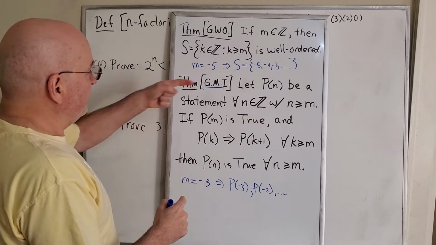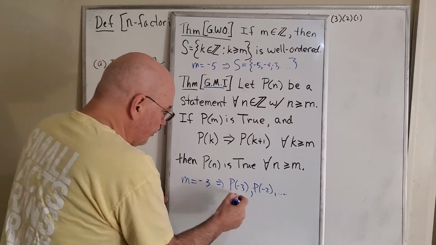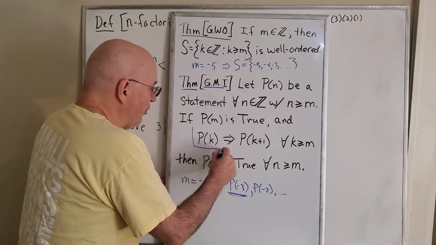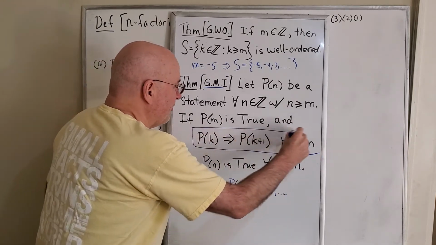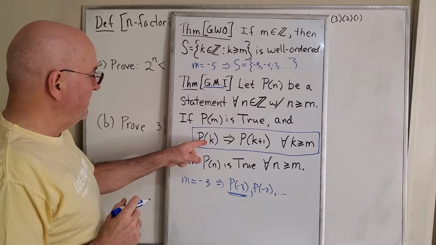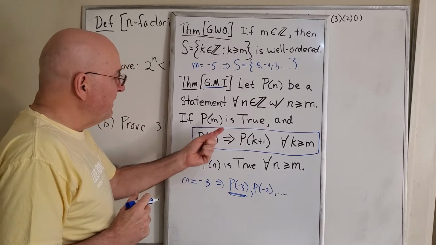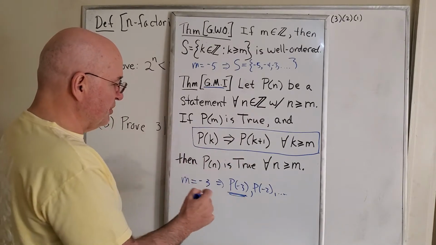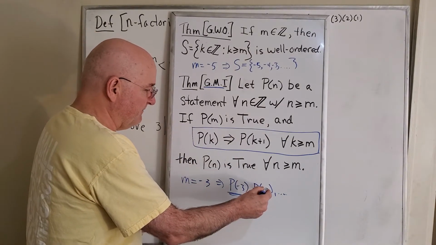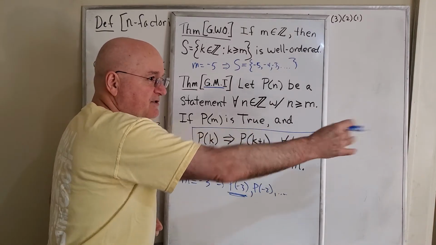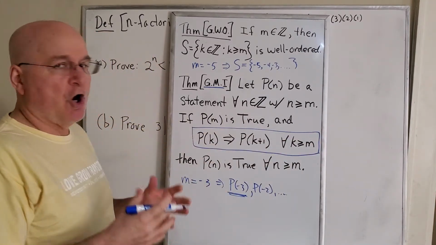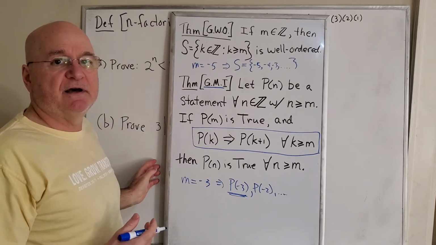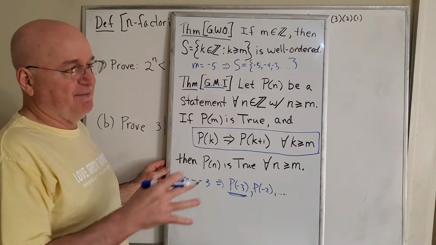So what this general mathematical induction says is you prove this one true, and then, just like before, you pick an arbitrary k and show that Pk being true implies that the next one, Pk plus 1, is true. And then overall, this would show that P -3, P -2, P -1, ... toward infinity would all be true. So these are simply generalizations of previous statements we looked at that were a little bit more specific.